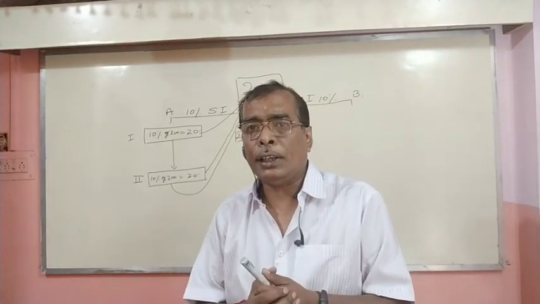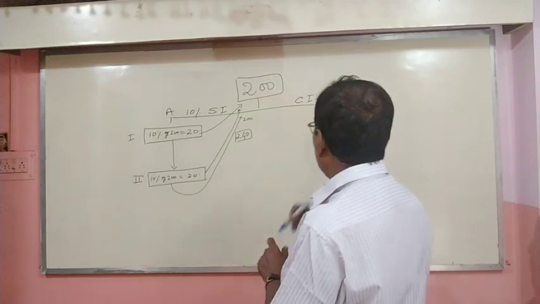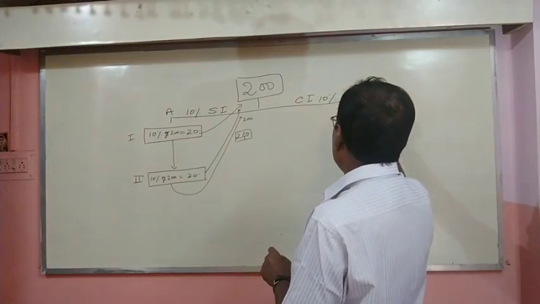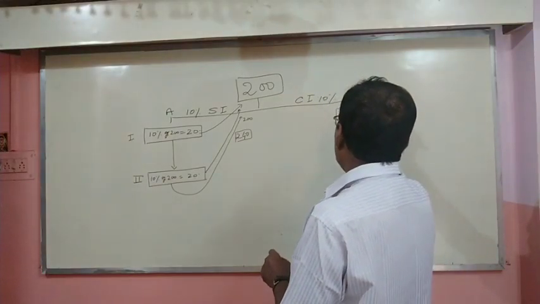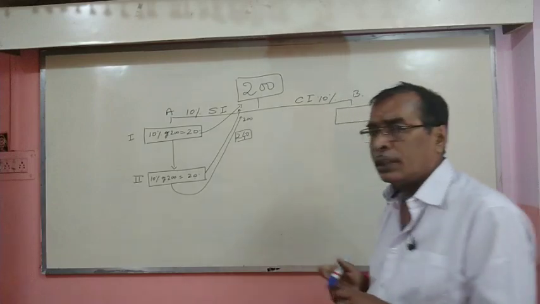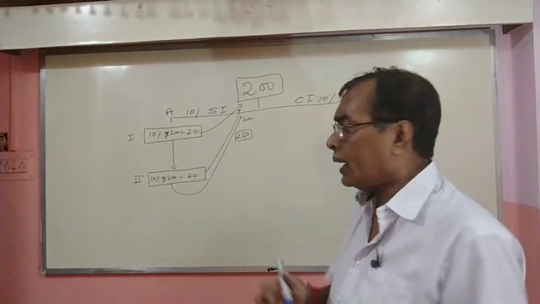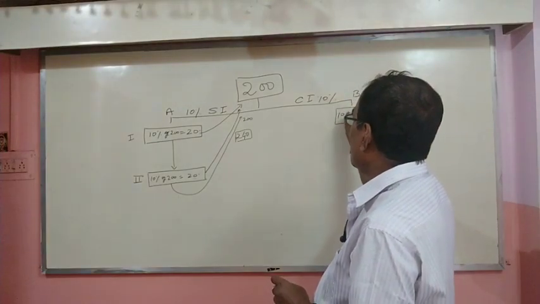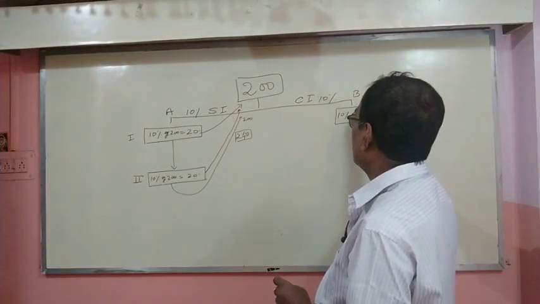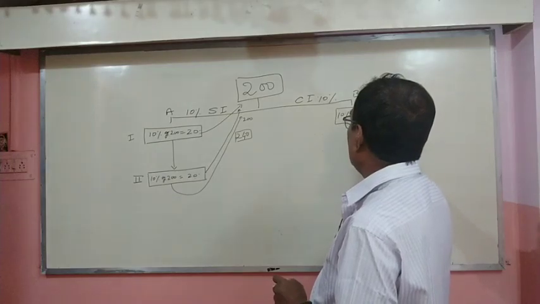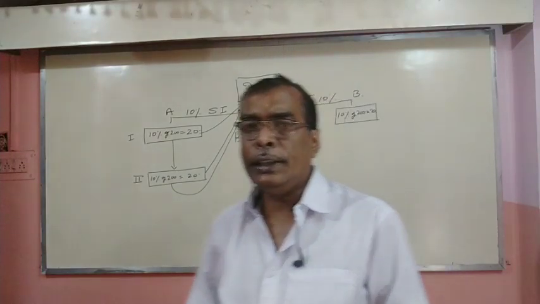Now what is happening in the case of compound interest? For this person, I take the same calculations. Now I shift to the second person and start the calculations. Again I find 10% of 200 rupees, and it comes to 20 rupees.